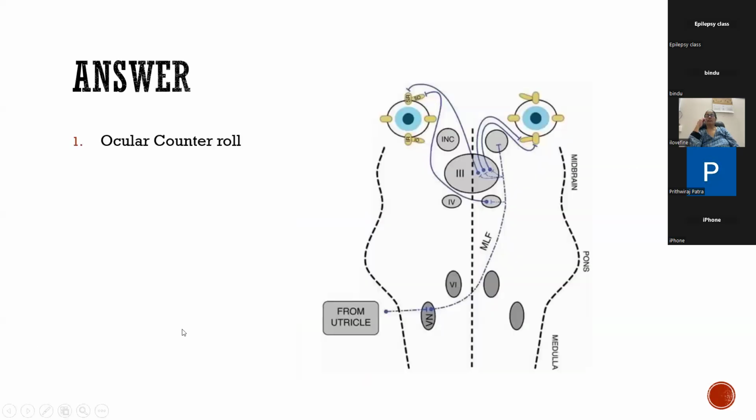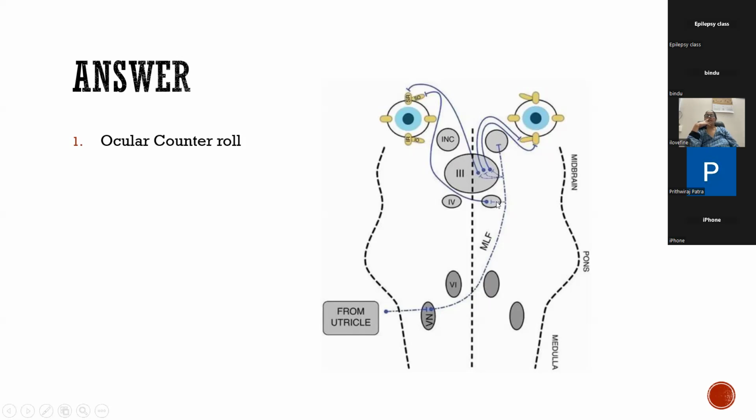So the pathway for this is depicted here. On the side of head tilt, the utricle will be stimulated. So when the head is tilted towards the right side, the right utricle will be stimulated, and that sends signals to the same-side vestibular nucleus, which crosses to the opposite side via the MLF and supplies, for example, from the right side, the left-side fourth nerve nucleus and the third nerve nucleus.